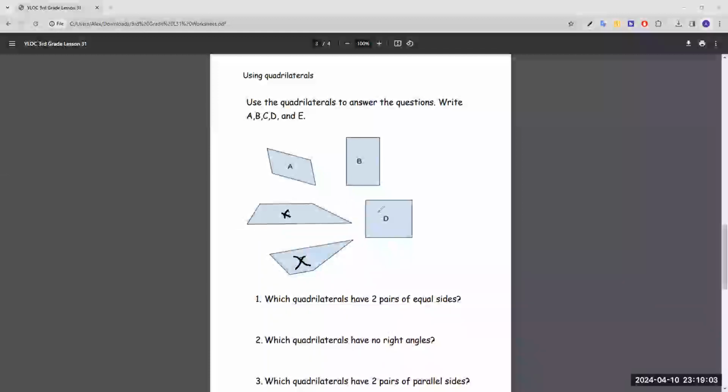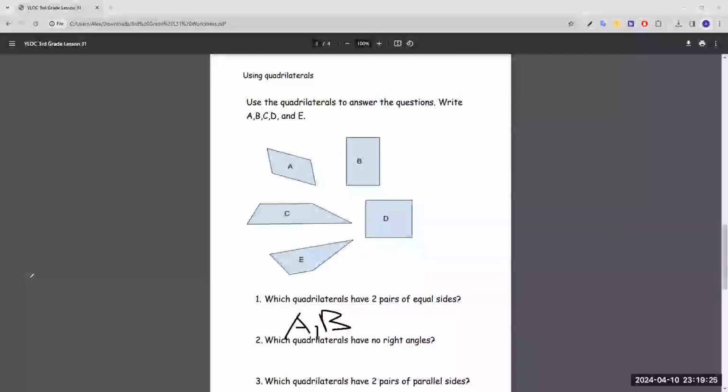And it can't be D because there's four equal sides. It's not the same thing as having two pairs. We can see here A and B, there are two pairs of equal sides going this way, and this way. So number one, A, B.